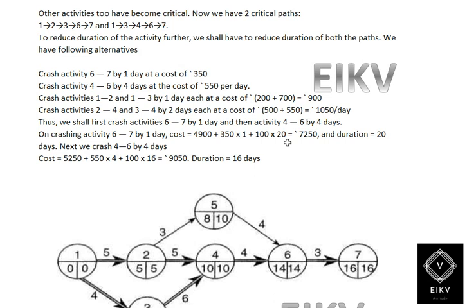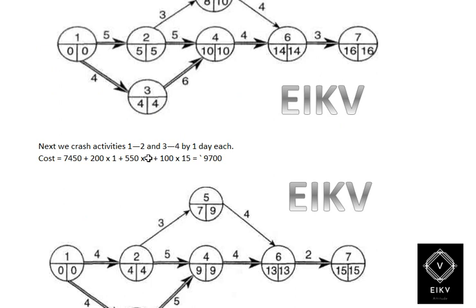Therefore the total cost will be 7250 and the duration will be 20 days. Next we crash activity 4 to 6 by 4 days. Therefore 5250 plus 550 into 4 plus 100 into 16 will give you 9050 rupees. Duration is 16 days.